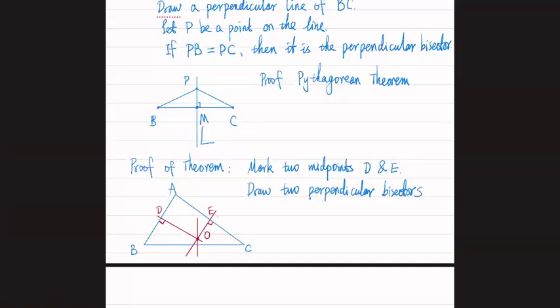Suppose they intersect at O. O is the intersection point.